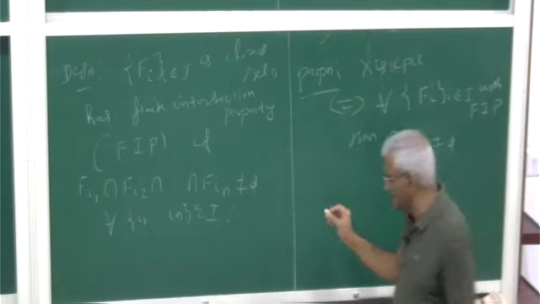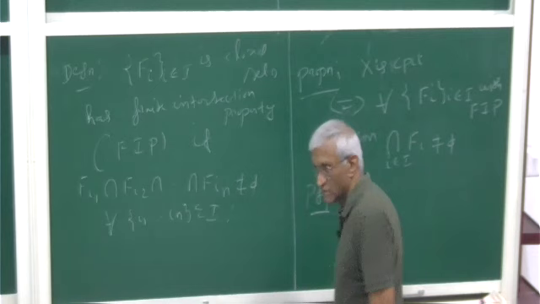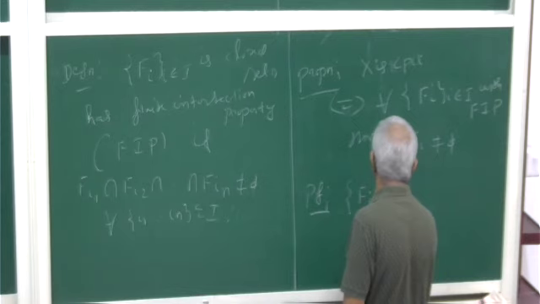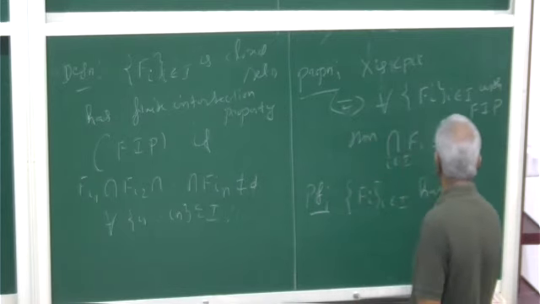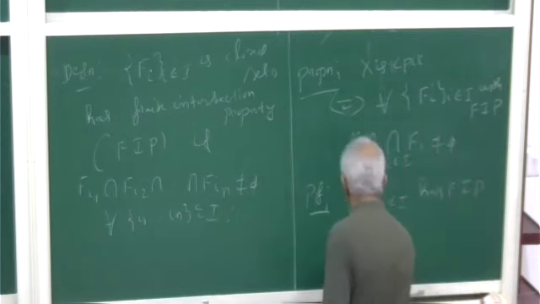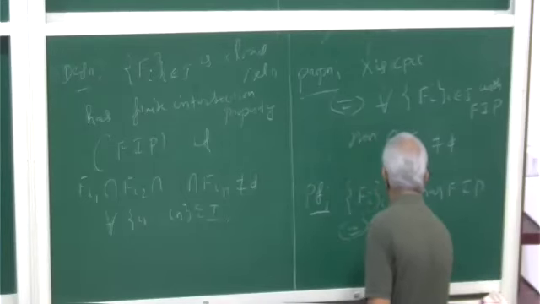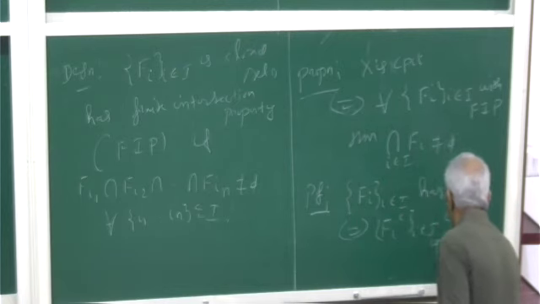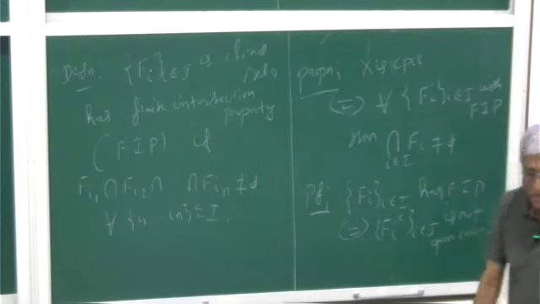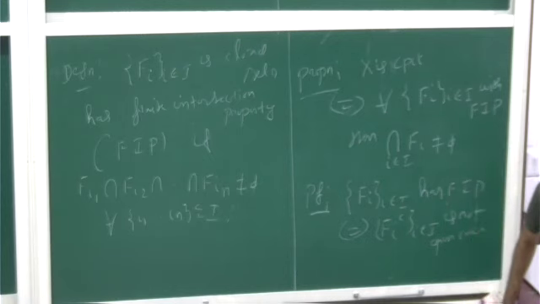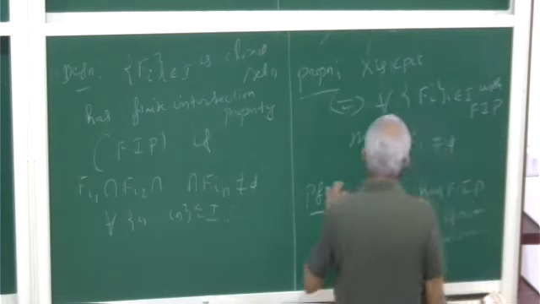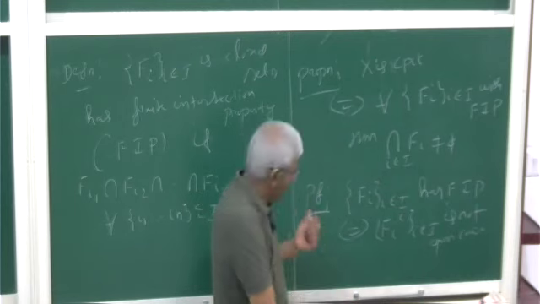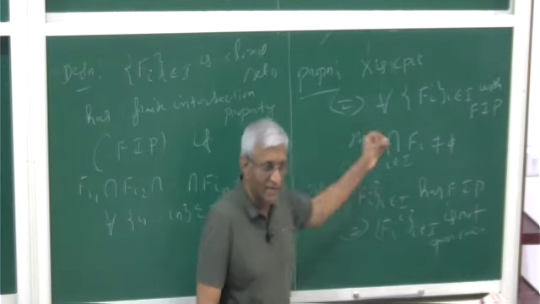This is easy. You just have to see that F_i has the finite intersection property. Okay, if it is compact, every open cover should have a finite subcover.